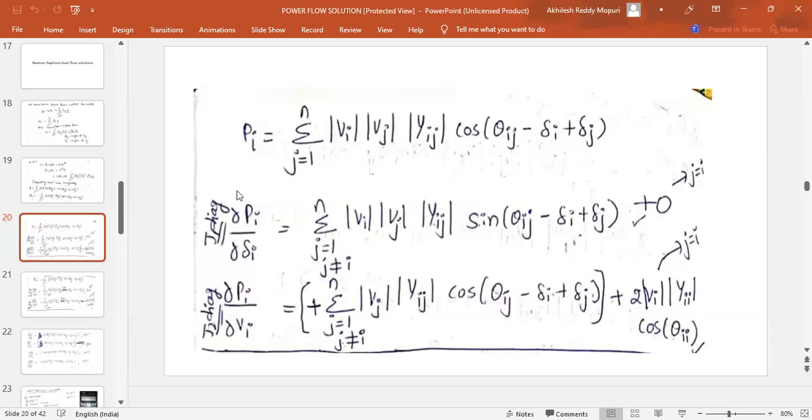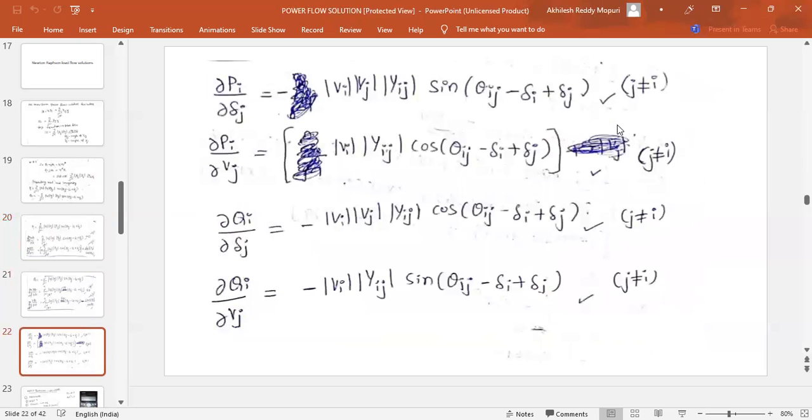So remove the summation. Now what will come? Vi Vj Yij, and cos differentiation is minus sin. So minus sin(theta ij minus del i plus del j), since here it is plus into plus 1. That's what is given here. This is the j not equal to i condition.